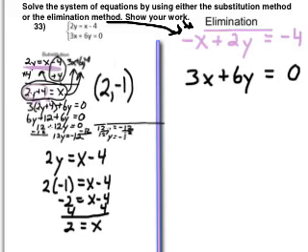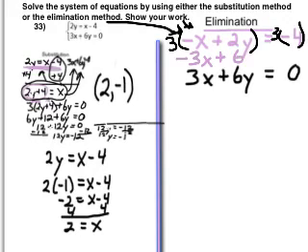So let's do that. If I do 3 times this side, I'll have to do 3 times this side. Okay, do it in purple. That gives me a negative 3x, and this will give me 6y, and then that equals a negative 12.